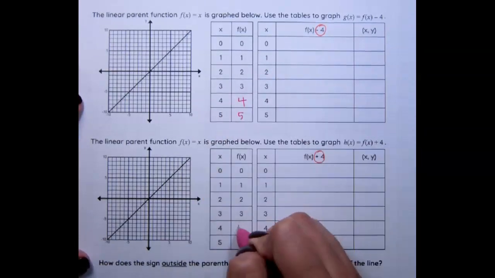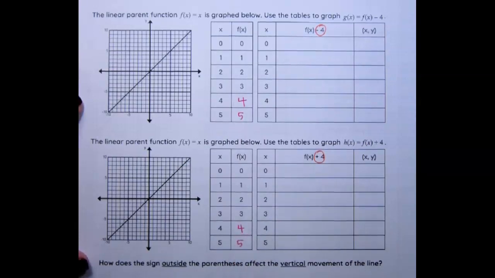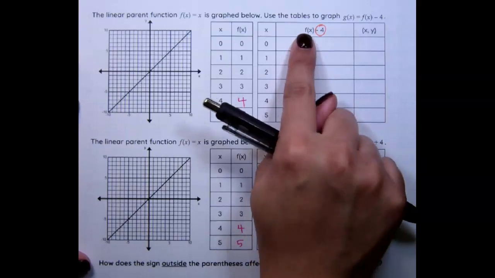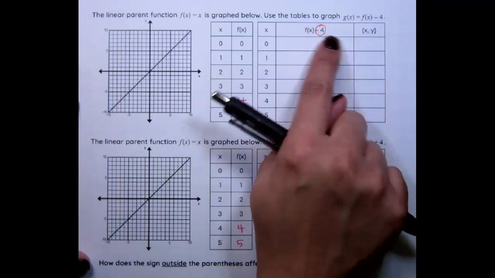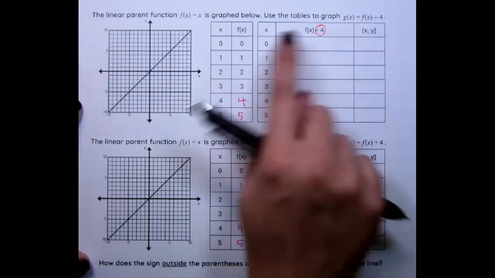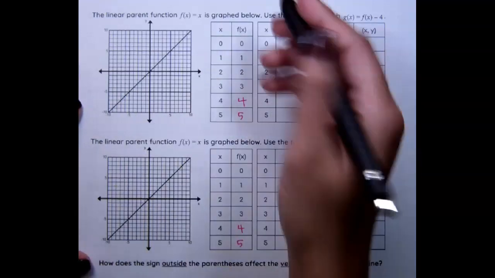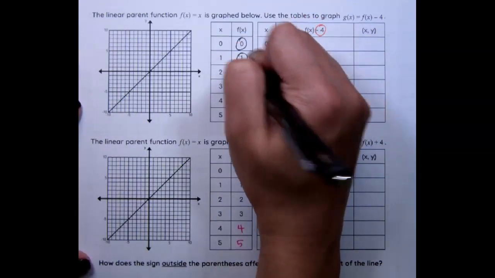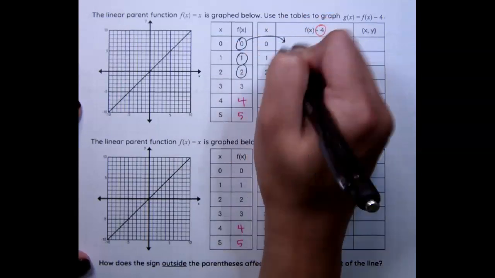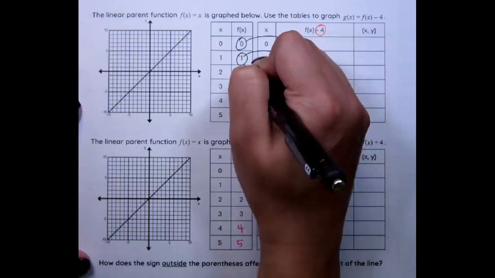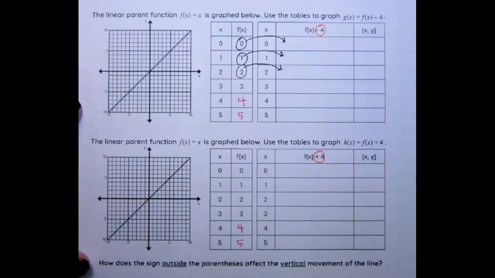But we'll go ahead and fill these in, right? In order to have the parent function, the x and y values must match. Well, this time I'm taking f of x and I'm subtracting 4 from it. So instead of taking the x values from the parent function, I'm taking the y values. So this time we're moving the y. Last time we were moving the x.